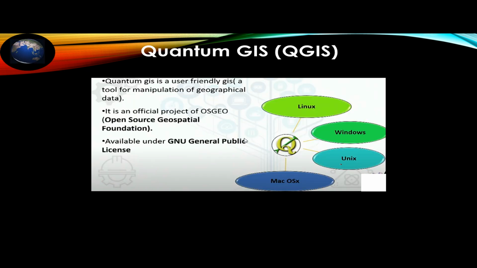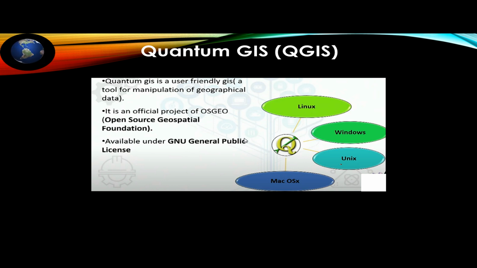Okay, QGIS, which we are working with currently, is a user-friendly interface. All I am talking about are open source platforms or software tools for the manipulation of geographic data. Why do we say geographic data? Because we are interested in a particular location. Without location, without latitude, longitude, or projection, how would you work on this kind of software? That's why it's called geographic data.